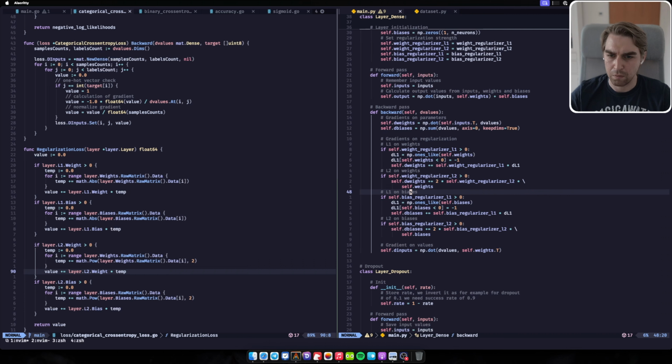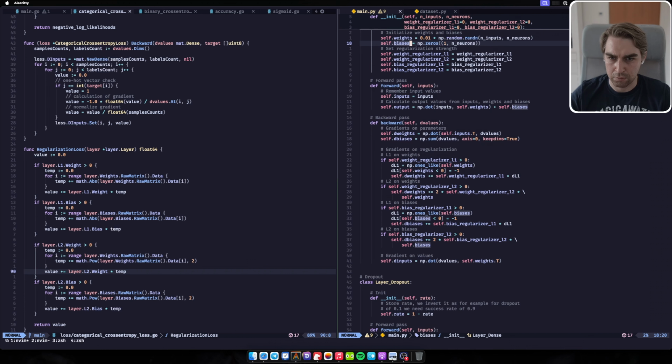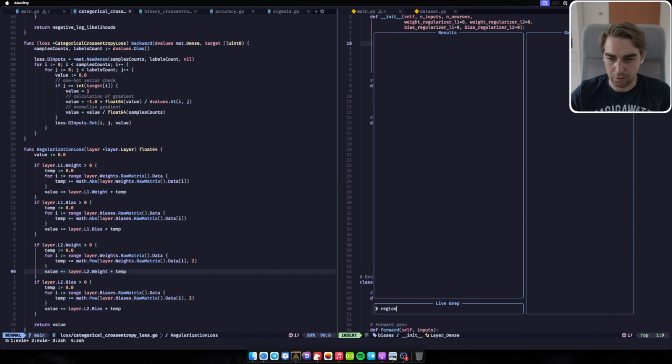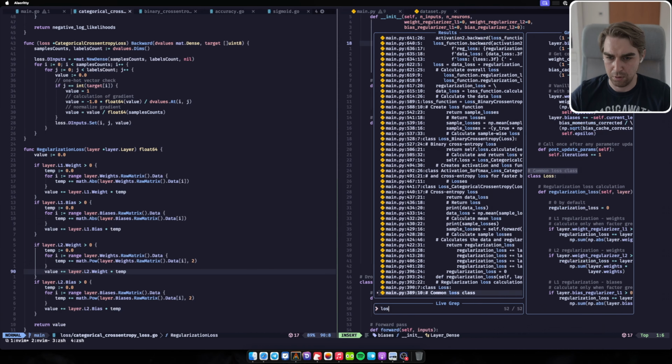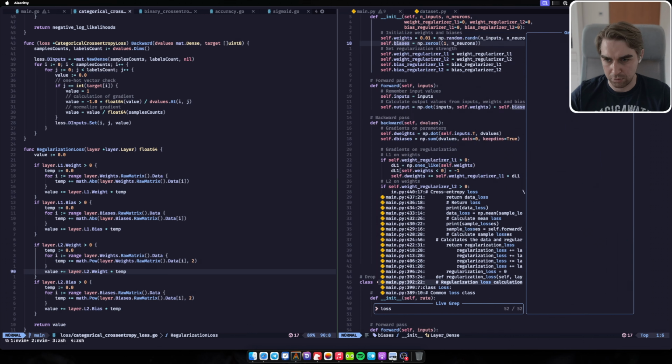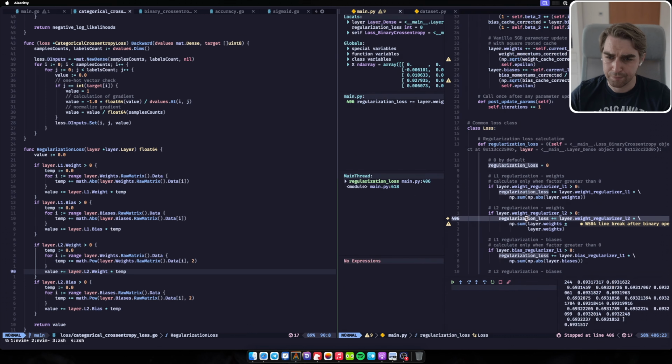Okay, let's take a look at the regularization loss. No, it's the backward pass. Where's the calculation of the regularization loss? Reg loss. Okay. Regularization loss calculation. Okay. Still 0.